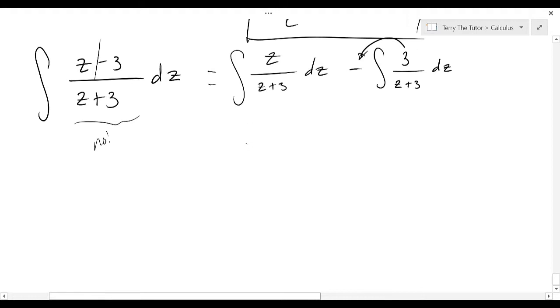So let's say z plus 3 divided into z. All you're looking at is the leading term. z to the first goes into z to the first one time.